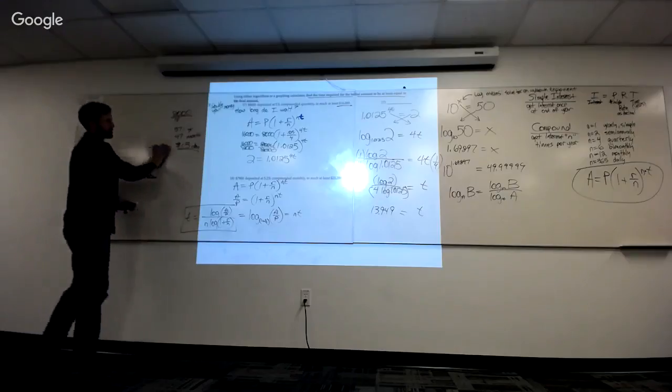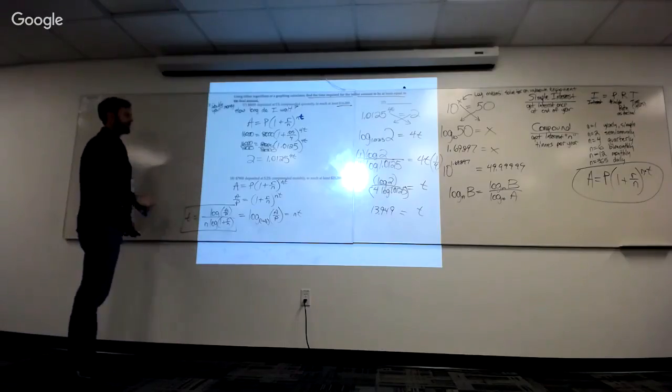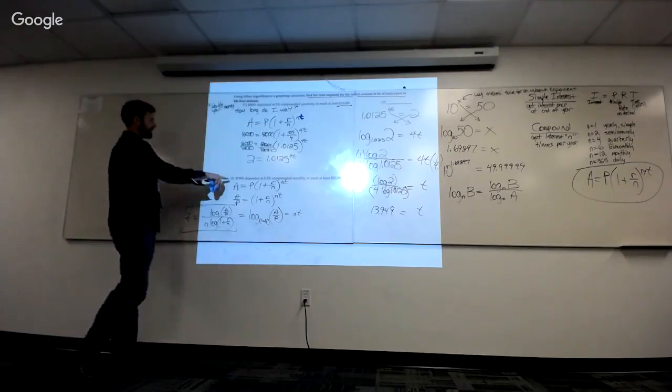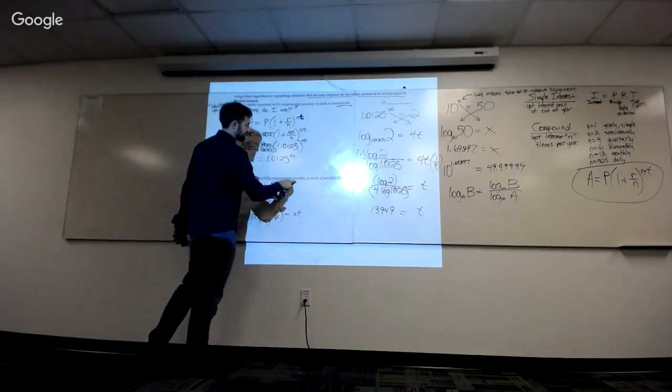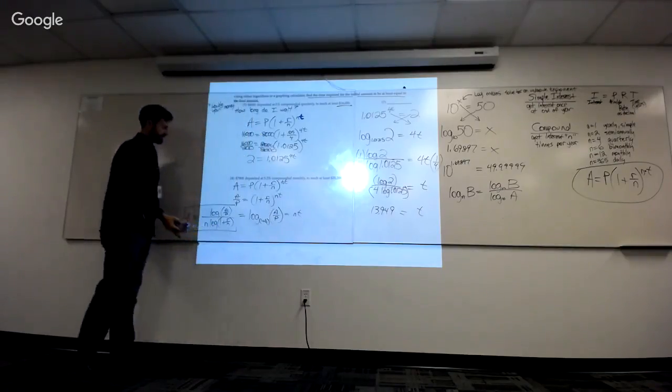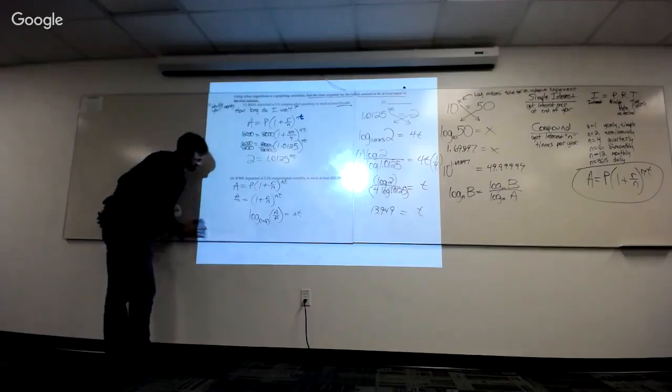Okay, everyone try one more. Try the next one. You're investing $7,900 at 5.2% compounded monthly, and you want to reach $25,200. Don't use that formula.